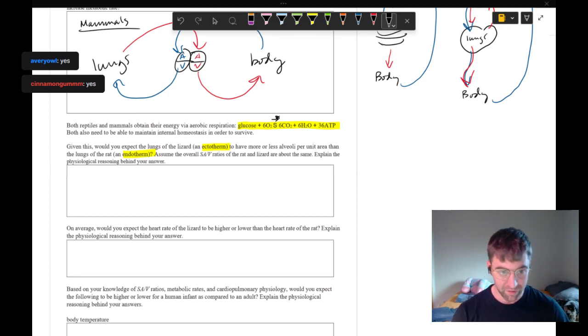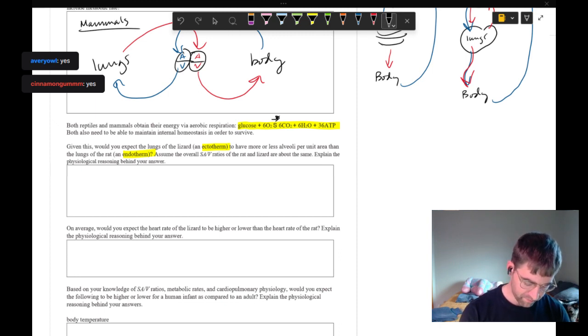Lizards have fewer alveoli per unit area of lung tissue than, say, a rat. Similar to humans, the rat's normal body temperature is generally higher than the environment, and its enzymes to maintain homeostatic function are functional at this higher temperature. Maintaining this higher body temperature requires higher levels of cellular respiration.